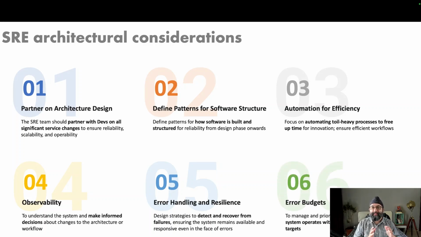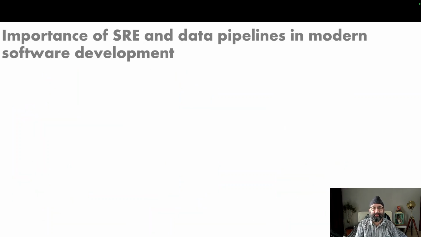And all of this has to be done by managing the error budgets to ensure that you can manage and prioritize incidents and that the system operates within the agreed upon reliability budget. What's a reliability budget? I'm sure we've already covered that, but each portion of the reliability budget has to be well spent and well focused on. So these are some of the architectural considerations for an SRE.